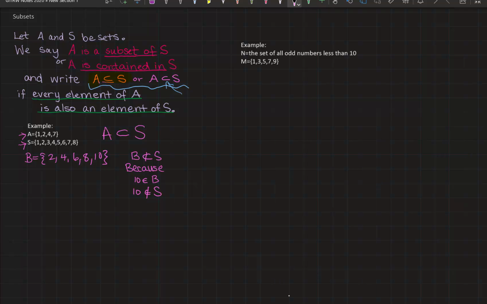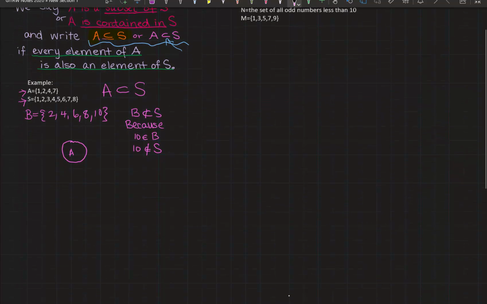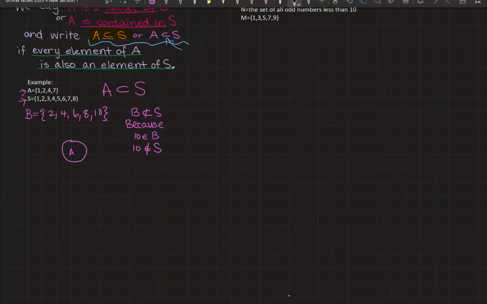Notice visually, to say A is a subset of S, if I were to write everything that represents A in a circle, sort of in these Venn diagrams, then for A to be a subset of S is meaning that A could be drawn entirely inside of S. B could not. B had some overlap with A and some overlap with S, but there also was this item 10 that was in neither one.